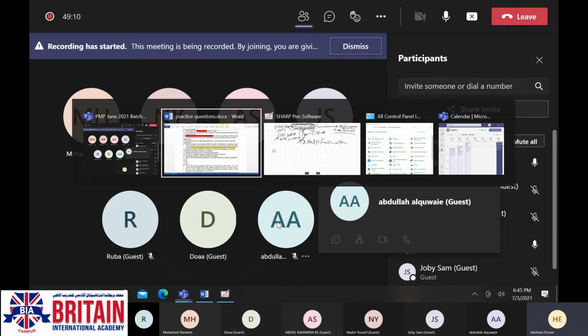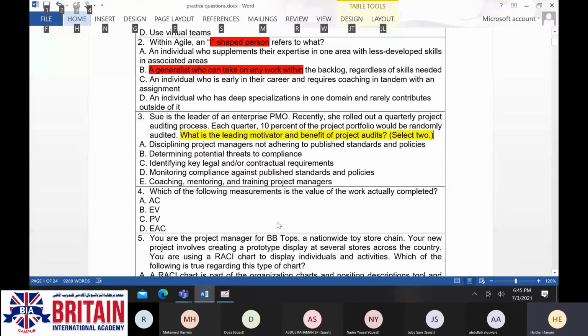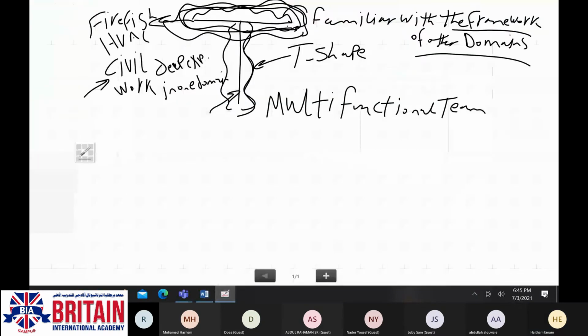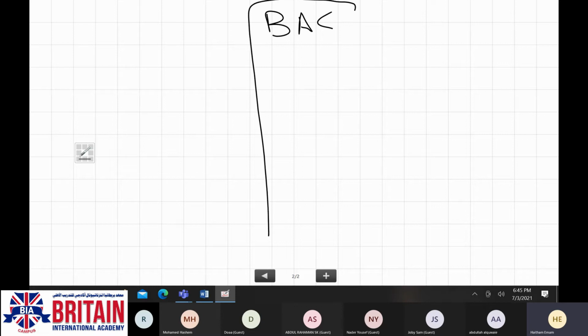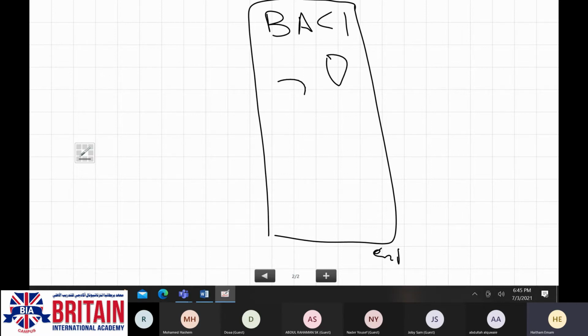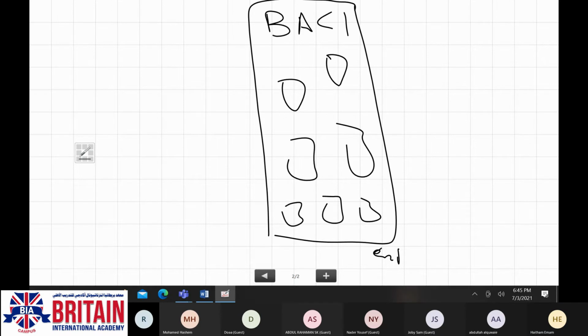BAC represents the whole budget of your project from day one till the end of your project, for all the activities which you have inside your project. That is called budget at completion. It will never change till the end of the project.